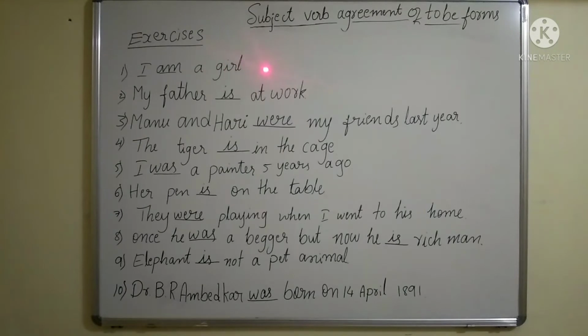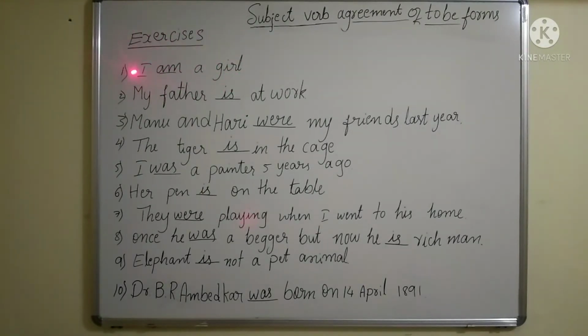Here, there are no past tense linking words such as, see here, in the third question, we can see last year, isn't it? The words last year are here, no? It indicates this is something that happened in past tense. If you find such words in a sentence, it is obviously past tense. If there are no such words in a sentence, it is very obvious it is present tense.